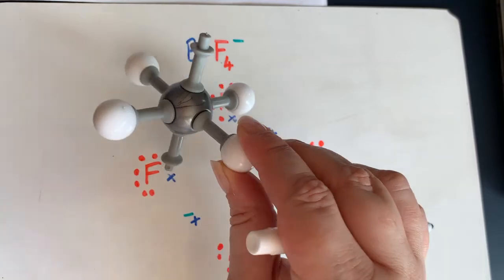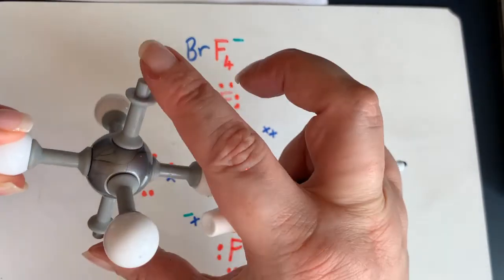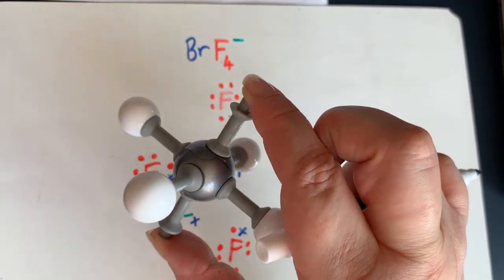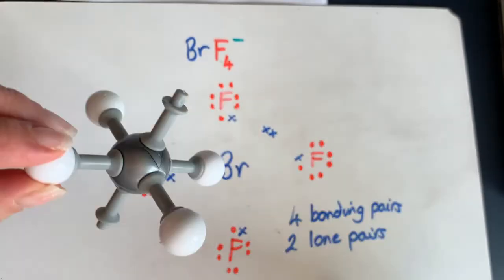So the orbitals are in an octahedral structure. Hopefully we can see that.